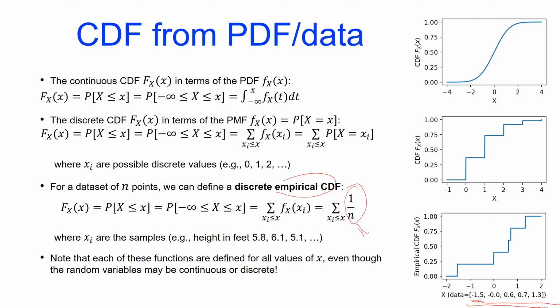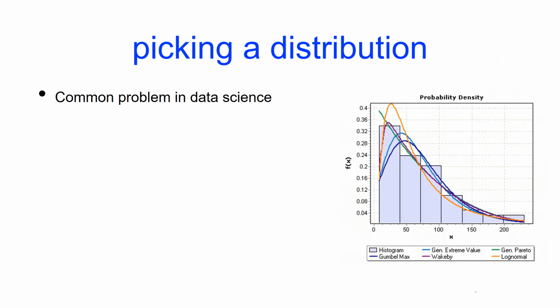Then I keep stable until I reach 0.5, then 0.6, then 0.7. Whenever I meet one point, I will add 1/5. So this will give you an empirical CDF. Does that make sense? The reason I repeat this is because it will let you understand what we come to next, the QQ plot.